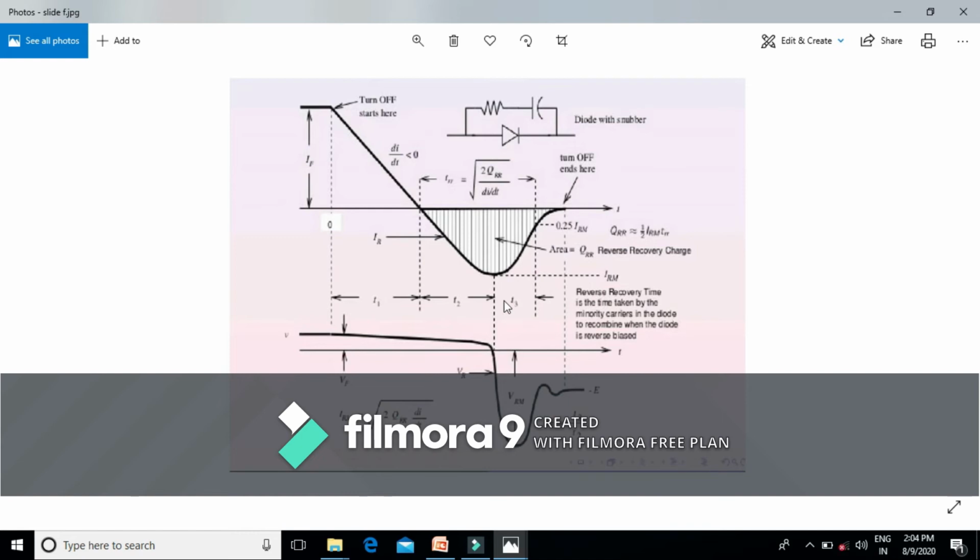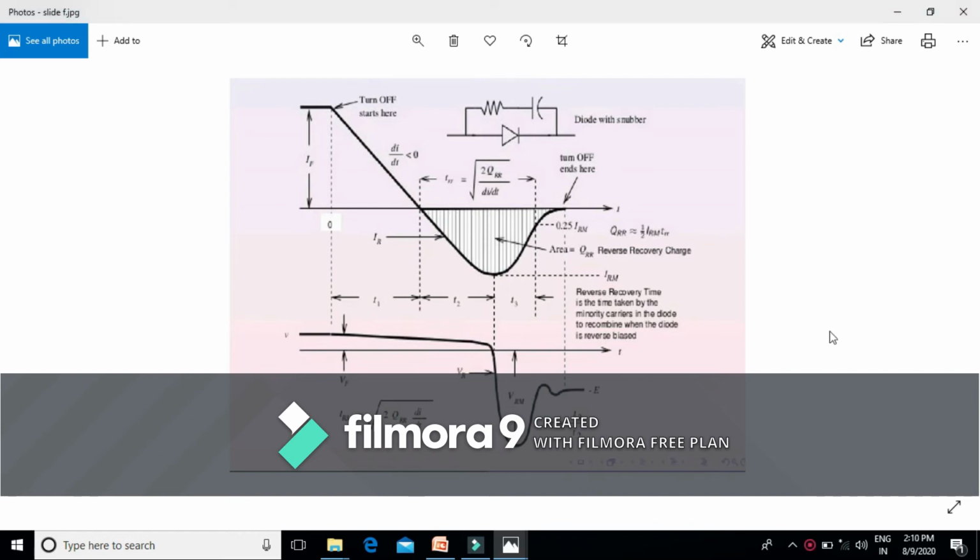After the forward current decays to 0, the diode continues to conduct in the reverse direction because of the presence of stored charge. This QR represents the charge stored under this current curve, because the area under the current curve represents the charge.